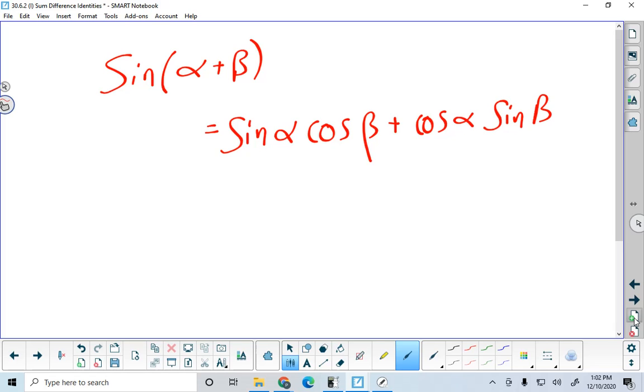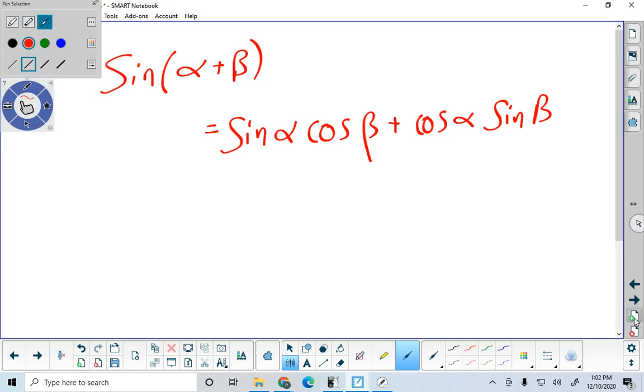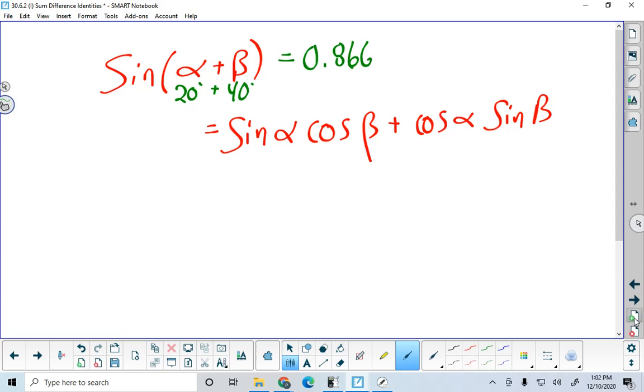So what if we used 20 degrees plus 40 degrees? We already know what this is. This is equal to 0.866. We did that on the calculator a second ago. Well, what if I take sine of 20 degrees, cos of 40 degrees, and add cos of 20 degrees, sine of 40 degrees? I'm going to get the same thing.